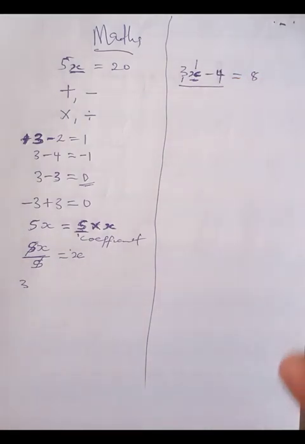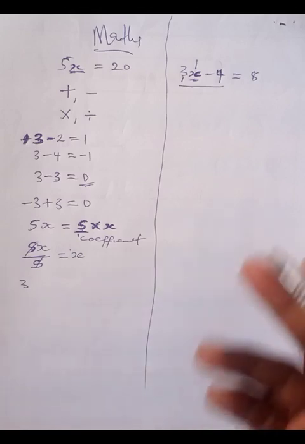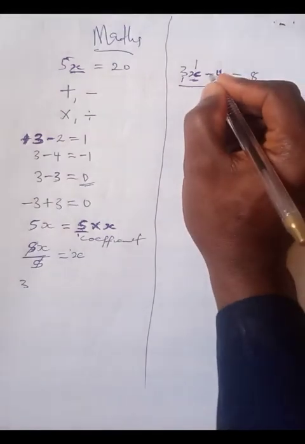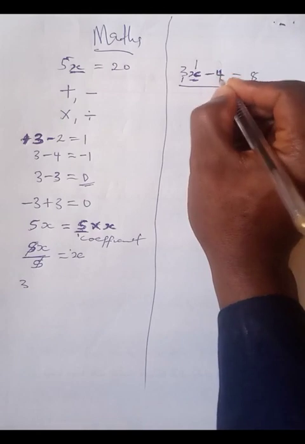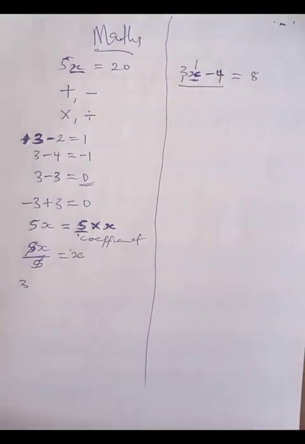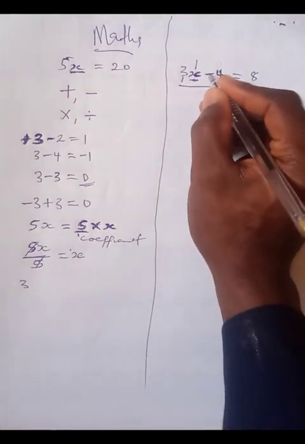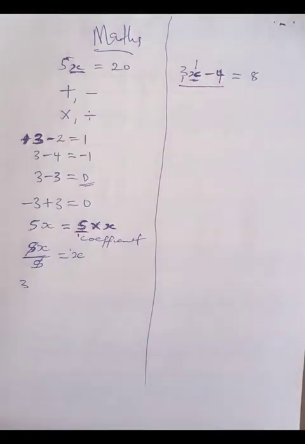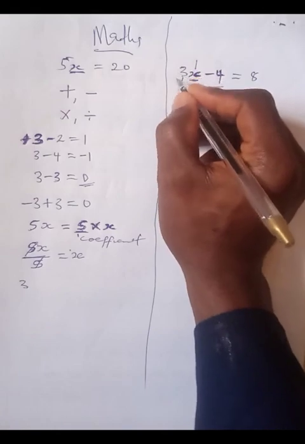So from our inverse operation, what do we do? The 4 has what? It has an operation of what? Minus. Are you getting it? It has an operation of what? Minus. So to eliminate this minus 4, I told you earlier that any value or number written has its own operation. Like this 3 is having what? Plus.